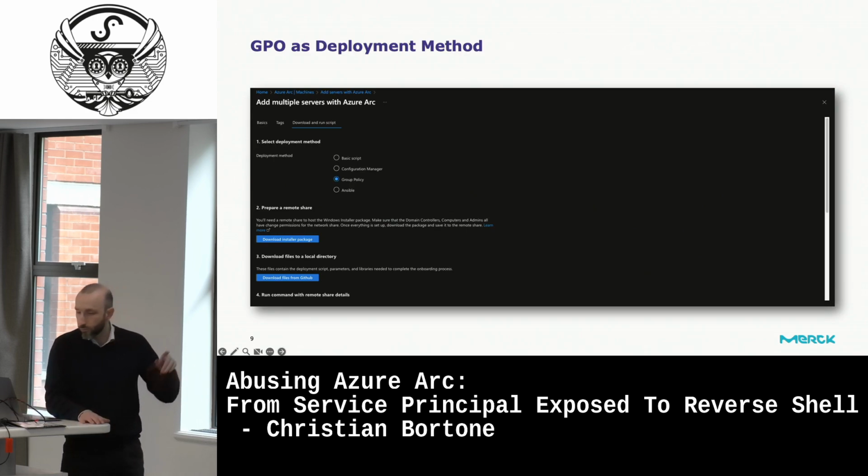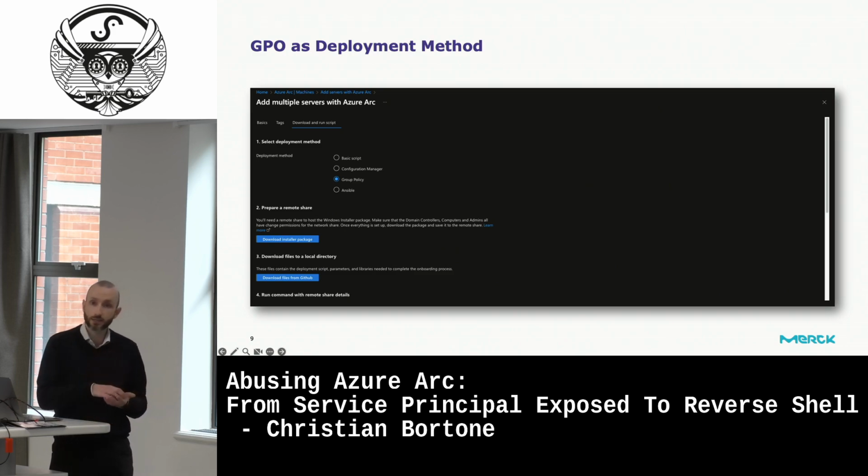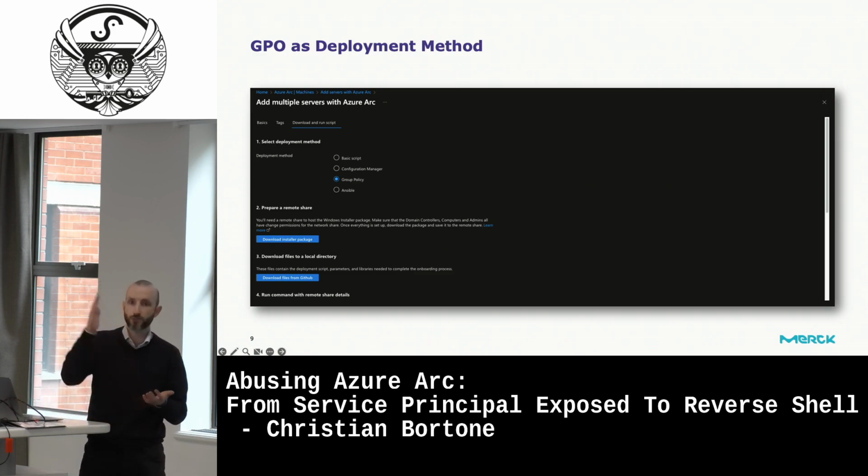When you click that link, you are brought back to this page where you can select the deploy method that we can use. In my case, we're going to use group policy, right? So we're going to create a GPO, and when this GPO is applied to the OU, all the machines in that OU are going to start the onboarding phase and join Azure Arc, right?